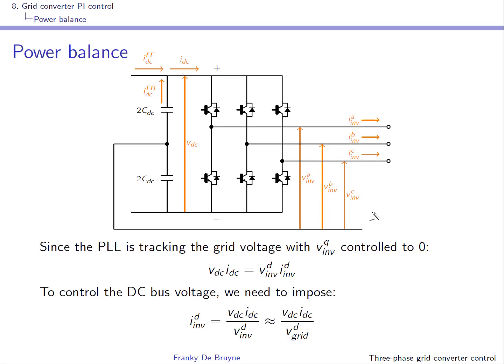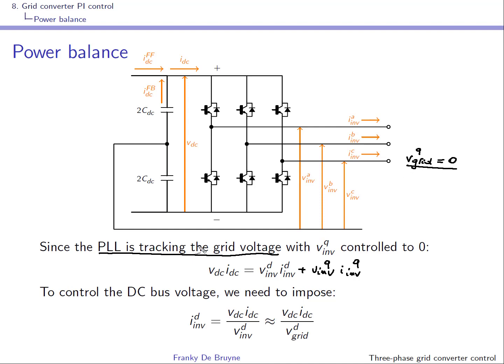We've seen in the previous slide that we have this equation with an additional term over here with the Q components. Remember that the PLL is tracking the reference angle of the grid voltage. So by definition we know that the Q component of the grid voltage is controlled to 0.